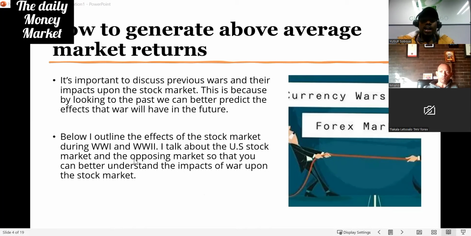So, how to generate above average market returns? It is important to understand the wars and their impacts upon the stock market. This is because by looking to the past, we can better predict the effects that a war will have in the future. So what we are doing today is trying to get into how war affects the market, because there's Taiwan and China that is already cooking at the moment.